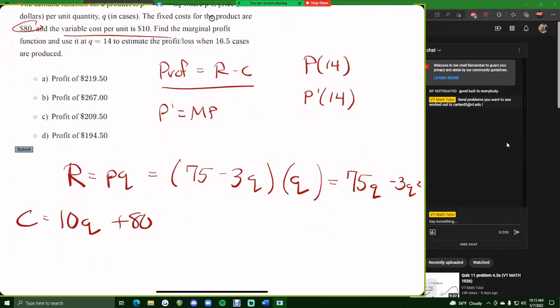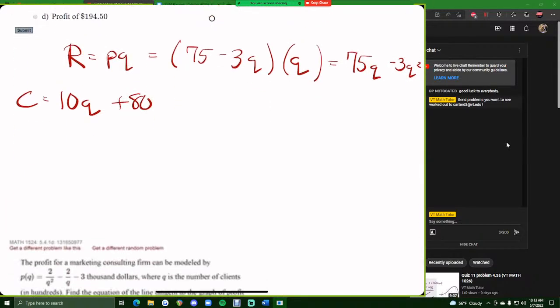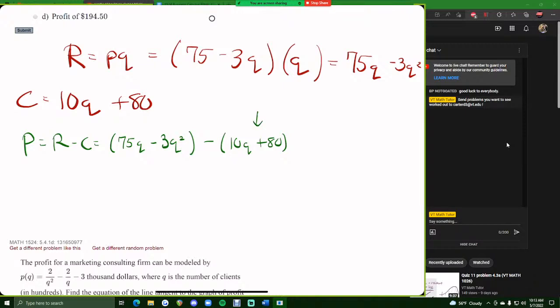And now we want to find profit, which is revenue minus cost. So revenue was the 75Q minus 3Q squared, and we are subtracting the cost, 10Q plus 80. Make sure you keep the cost in parentheses. All right. So do we have any like terms?